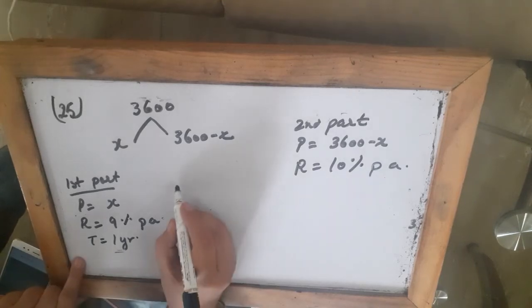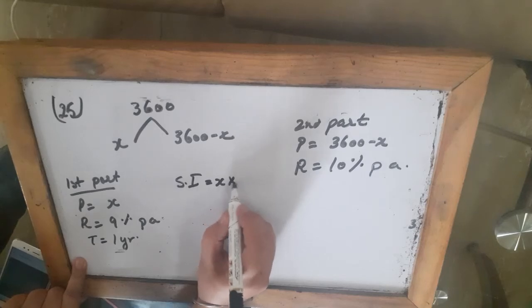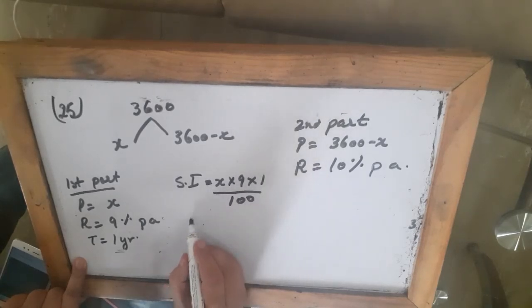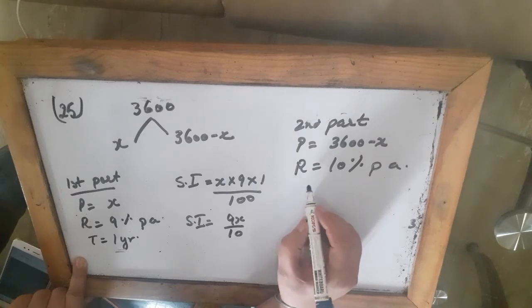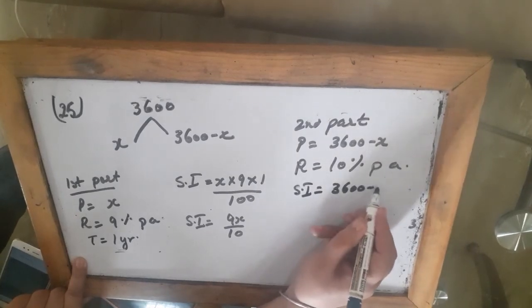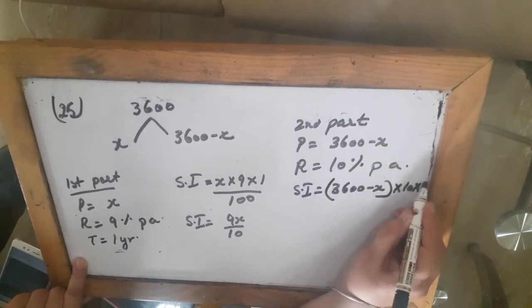So I will take out the simple interest for the first part. P is x, R is 9, and time is 1, upon 100. So the simple interest for the first part is 9x upon 100. Now come to the second part. Second part ka simple interest will be, with principal 3600 minus x, P into R into 1.